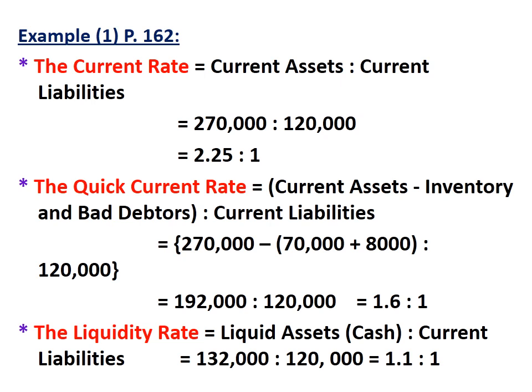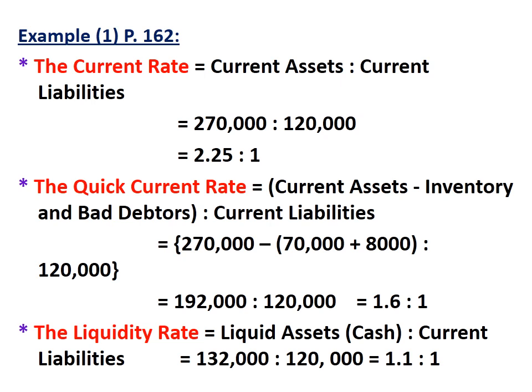It is well known that all of the three means that I have a denominator that is current liabilities. So for the three rates, the denominator is the current liabilities, but the numerator in the first rate is current assets.